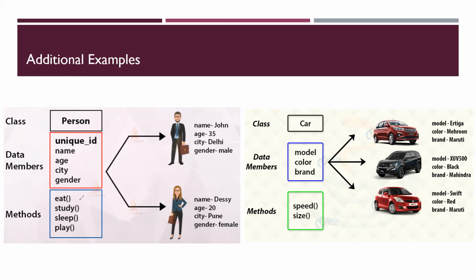So a person can go eat, or go study, or go sleep, or go play, and those are things that a person can do, and then we can call them and it'll do them. The same thing with speed and size, but those might just give us information. In general, methods can give us information, or they can actually do something. Like if I said eat, then it might add something to their weight or something like that.